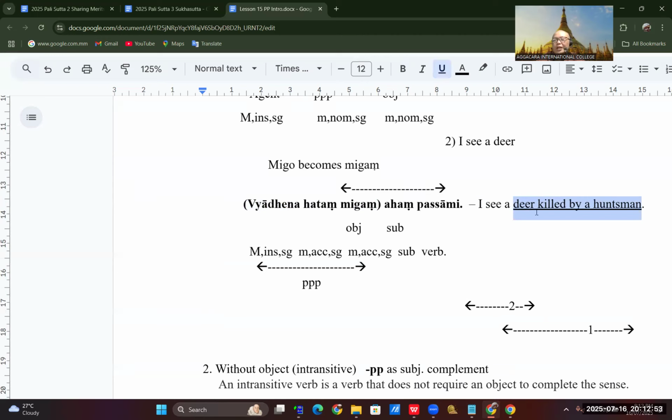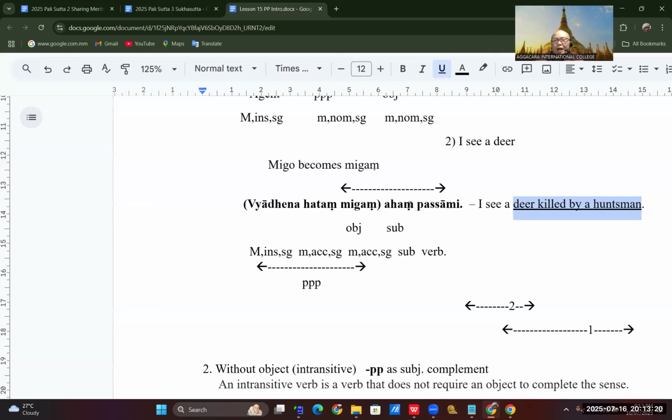I see a deer. Actually, this is how I call it, a compound, complex sentence. In a complex sentence, two phrases are linked to each other. I see a deer, and this deer is killed by the huntsman. So wadena hatam migam, then migam aham pasami. Wadena hatam migam is one part.